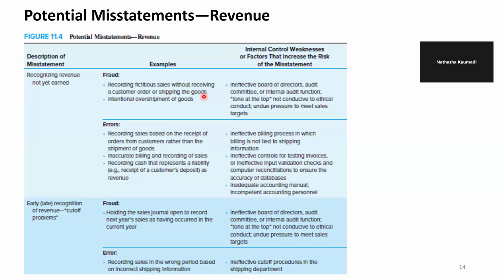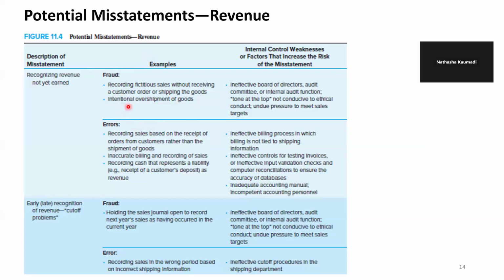Maybe because their bonuses are calculated on the sales targets achievements. So there can be different reasons. It is a fraud. Fraud means intentional. I hope you know the difference between fraud and error. Fraud is intentional. Error may be due to negligence. It is not basically intentional. There can be errors happening, right? But here, recording fictitious sales, that is a fraud, intentional.